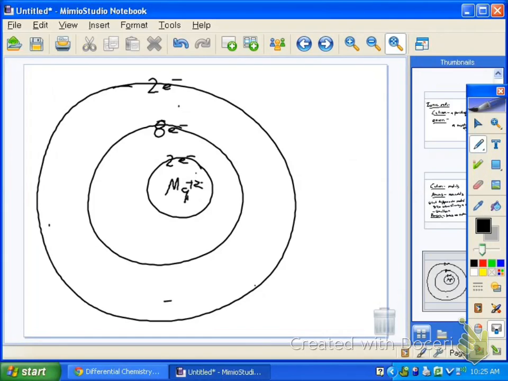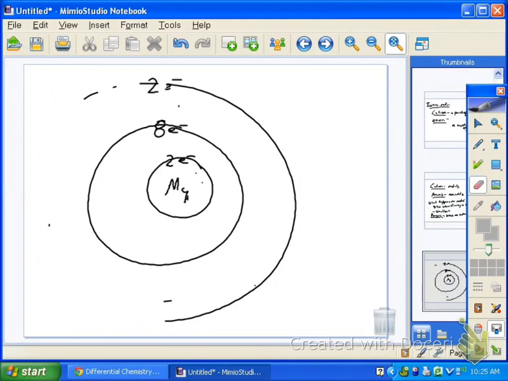What's the charge of magnesium on the chart? +2. So for it to become a +2, and I should erase this beginning because it's not a +2 yet. So there's magnesium. When it loses these 2 electrons, it's like sodium did, and it loses a whole outer shell. And it becomes a +2.